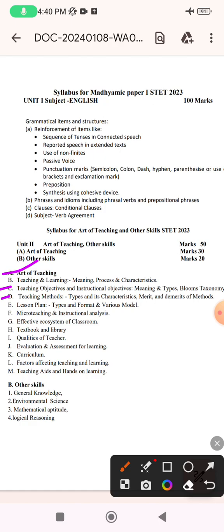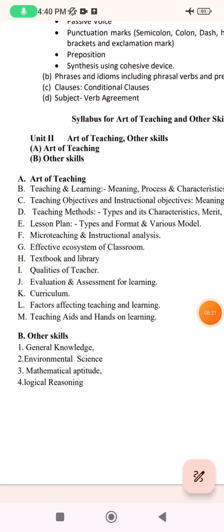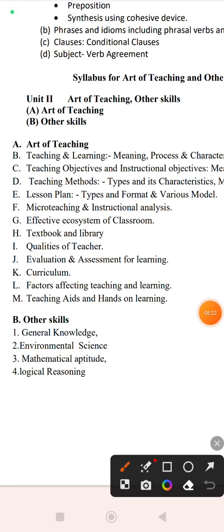Each teaching method with its merits and demerits, lesson plans, types of lesson plans, format of lesson plans, various models of lesson plans, micro teaching and instructional analysis, effective ecosystem of the classroom, that is classroom management, textbook and library, qualities of a teacher, evaluation and assessment for learning, curriculum, factors affecting teaching and learning, teaching aids and hands-on learning.